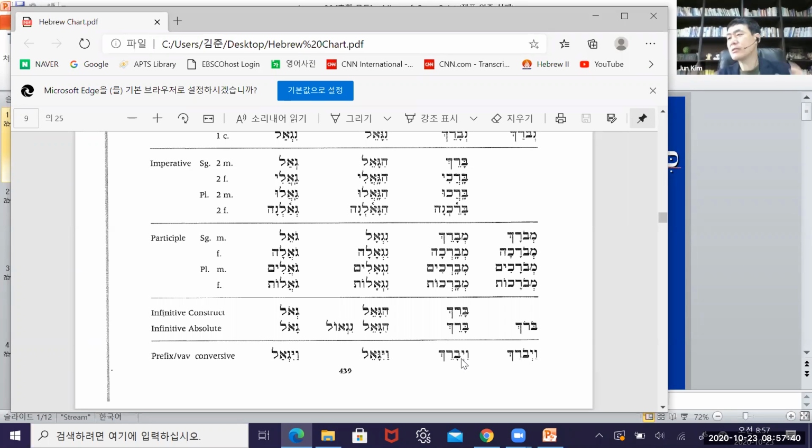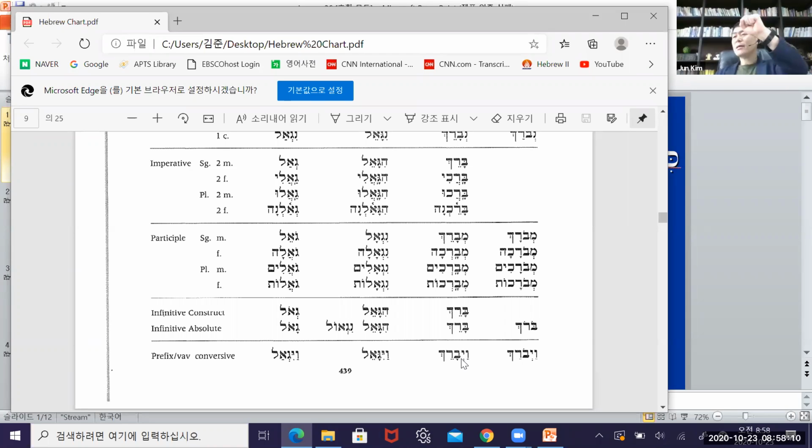So without understanding or memorizing what kind of vowel pointings are expected to come before the middle guttural letter, we cannot recognize whether this one is PL or kal in case of the verbs that are middle guttural verbs. Are you following me?